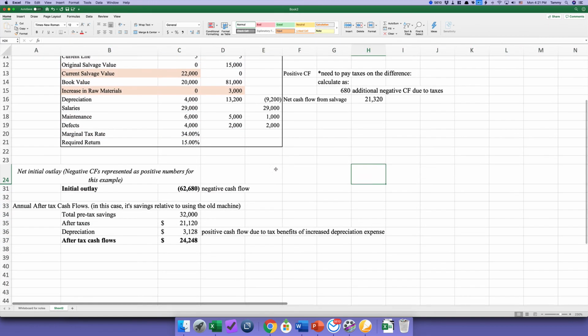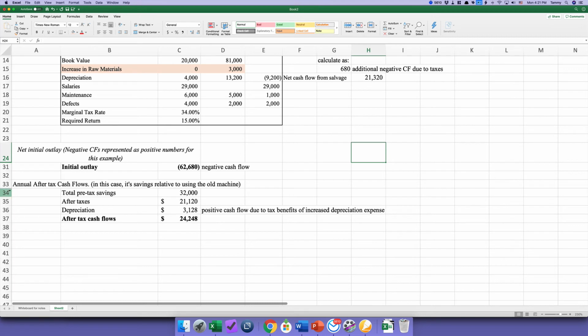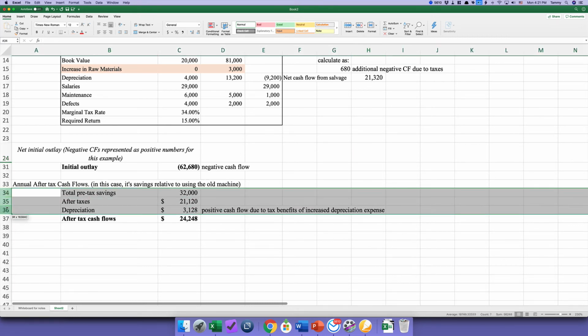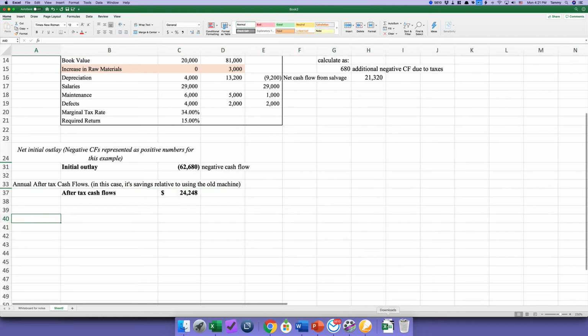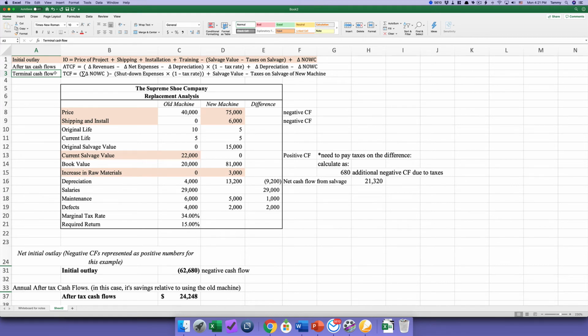So once again, I'm going to hide some of these intermediate calculations so that we can now look at the terminal cash flow, which is quite a bit more simple. Now, go back up again and look at this formula up here. So the terminal cash flow is the sum of the differences in net operating working capital for all those years, minus the shutdown expenses, times 1 minus the tax rate, which we don't have any of listed here, plus the salvage value, minus the taxes on the salvage of the new machine.